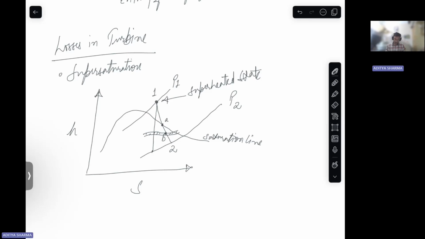And after this B point, it starts its sudden condensation, right? And this region from A to B is known as supersaturation region. Okay.